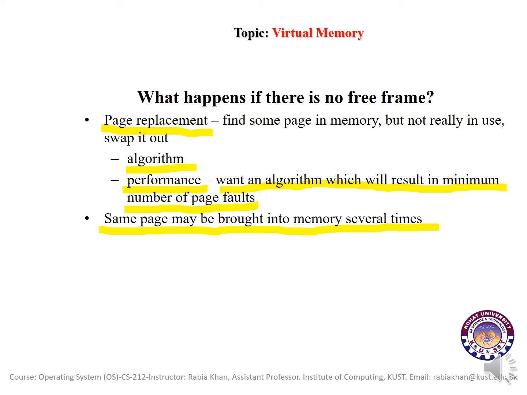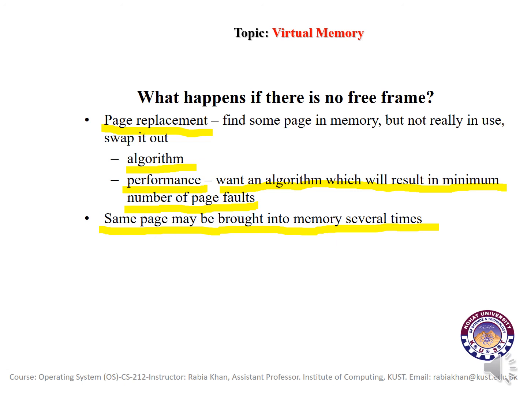If the free frame is available, well and good, there would be no page replacement. There can be a page fault even if a free frame is available, but since the free frame is available, the page replacement would not be executed, though a page fault may happen.